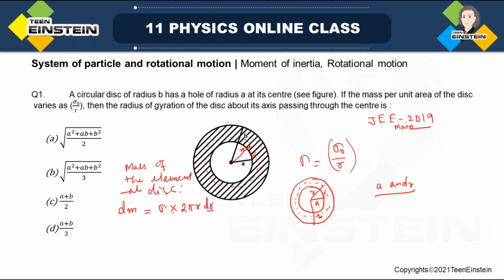Now this sigma is varying with r, so we can find the mass of the annular region of the disk.